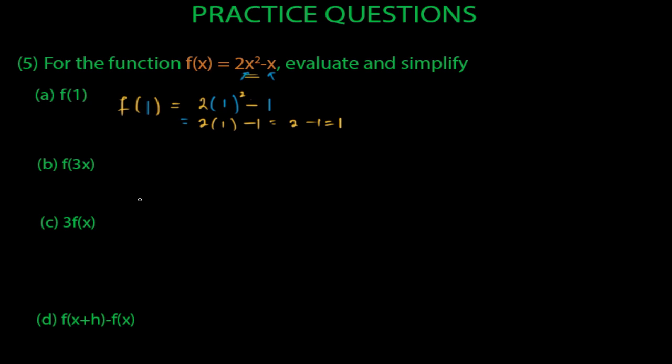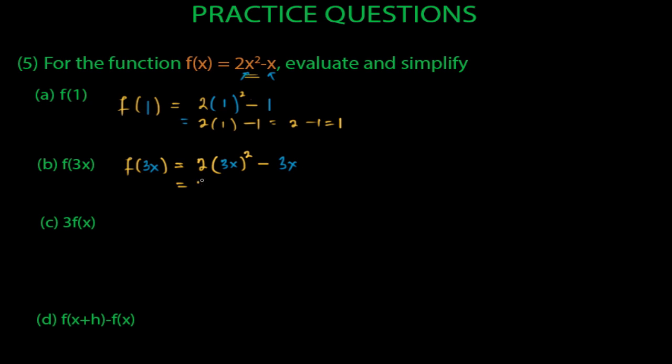Now, the next one says we should find the function value of 3x, or maybe another way of writing the function, but this time around, in place of x, we write 3x. So f of 3x equals 2 times 3x all squared, so in place of x, I've replaced it with 3x, then minus 3x.